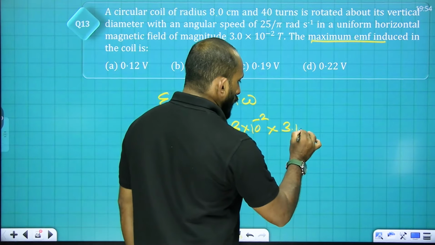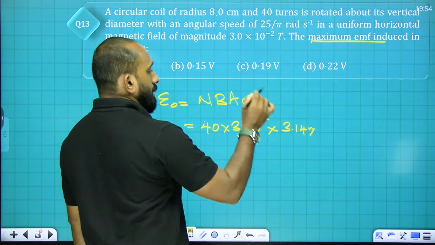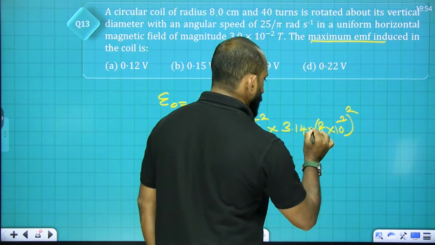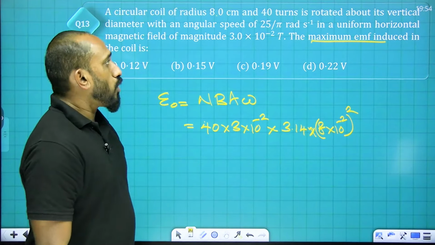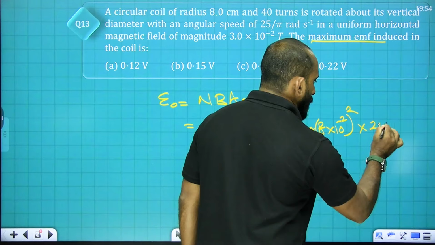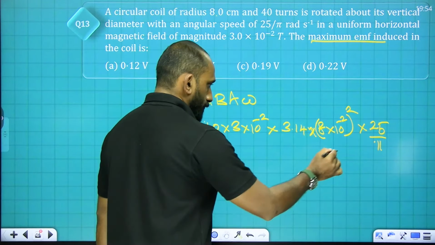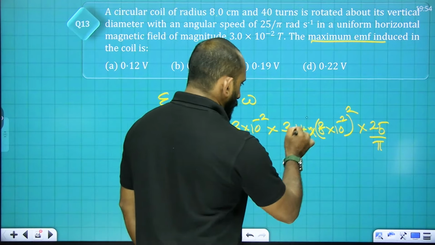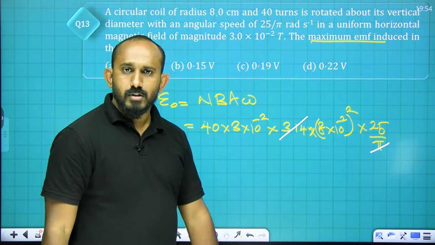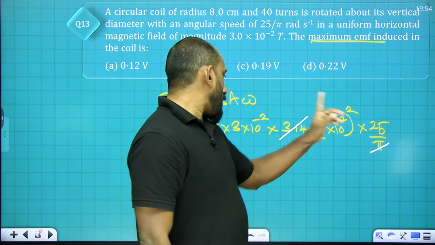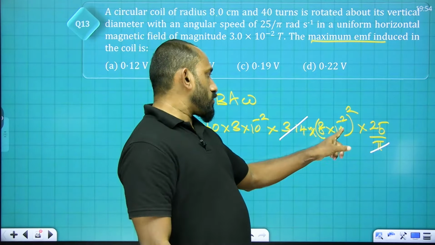So 3.14 into r, which is 8 centimeter, so 8 into 10 raised to minus 2, the square, times omega, the angular speed. That is 25 by pi, given. So here this 3.14 and pi you can cancel. Remaining 40 times 3 into 10 raised to minus 2 times 25 times 8 into 10 raised to minus 2 square.